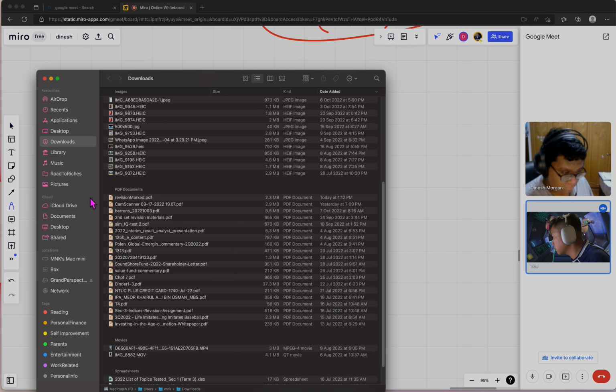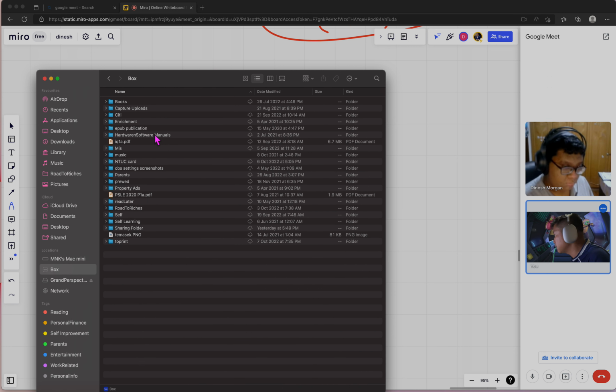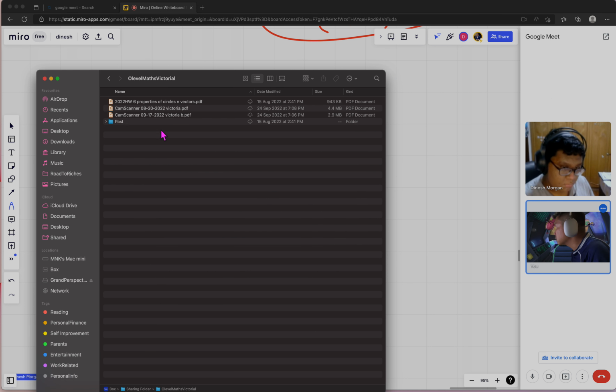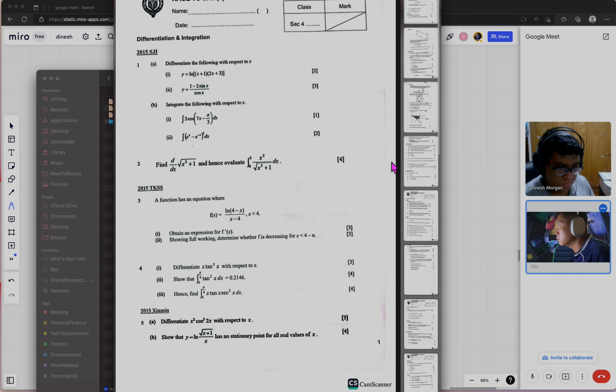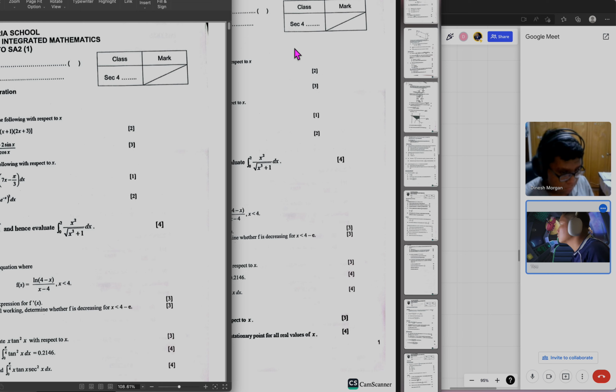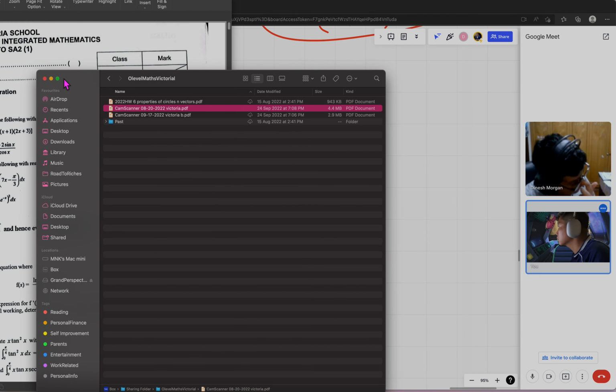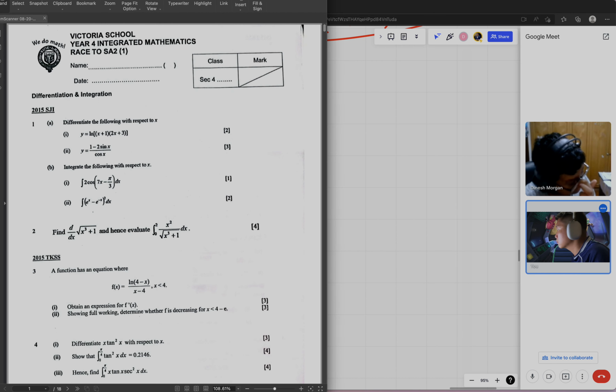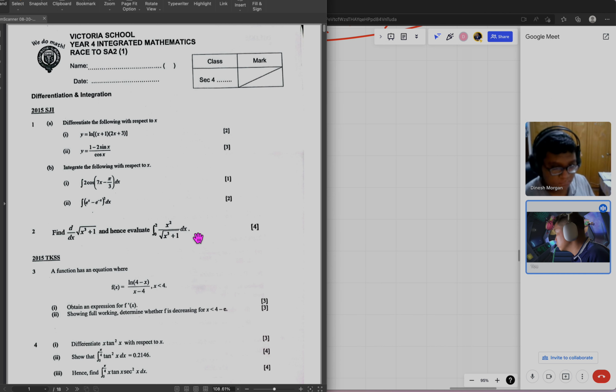Since we have not talked about that, let me find a question from your material. Sharing folder, your material, tutorial. Differentiate the following. Which one shall we look at?